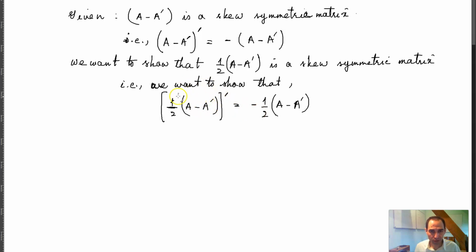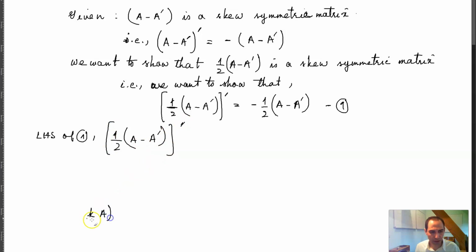And so I start with, for example, the LHS of 1, and so I have 1/2 of (A minus A prime) whole prime, and based on the fact that (kA) whole prime... what did I say over there? (kA) whole prime is equal to k times A prime.